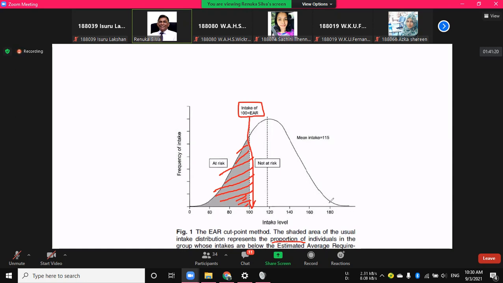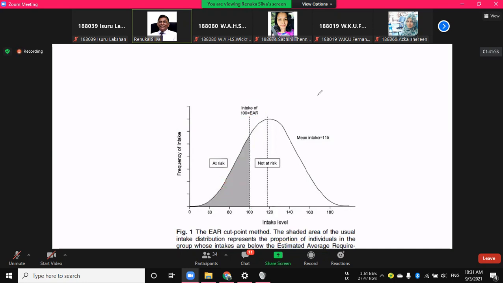How many people eat above EAR and how many people consume less than EAR? I can decide. If I have the EAR value, if I have the different individual values, I can calculate the proportion of people eating more than EAR and the proportion of people who are eating less than EAR as a percentage.